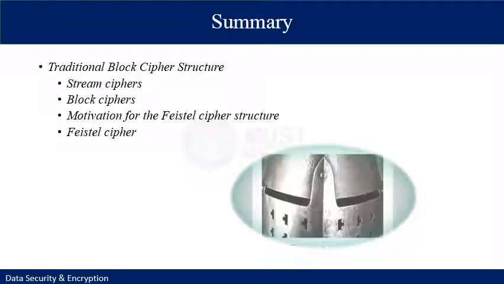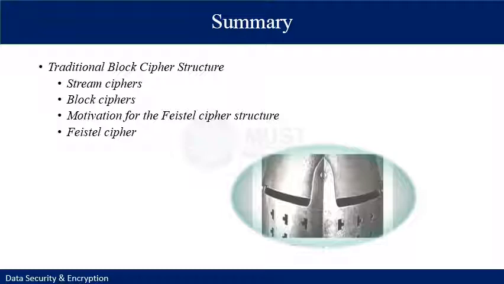So that is the end of this lecture, and in this lecture we discussed some traditional approaches for block ciphers and stream ciphers. We gave an overview of the difference between a stream cipher and a block cipher. A stream cipher represents a series of bits, and bits can be fed to an encryption algorithm along with a series of bits of an encryption key.